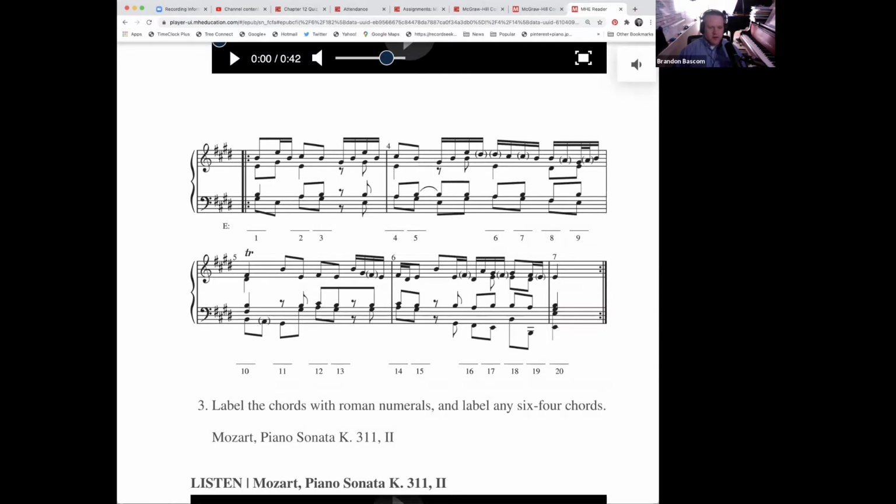You're going to get an example like this, and you're going to have 20 chords like this that you need to identify from a drop-down menu. Does that make sense? You're going to fill in the blanks by selecting the correct answer from a drop-down menu, and you're going to have like a gazillion choices.